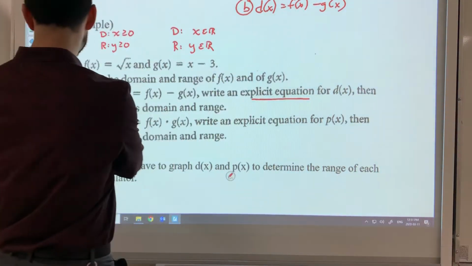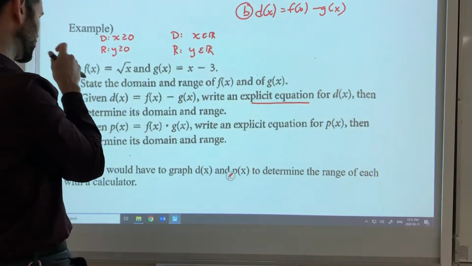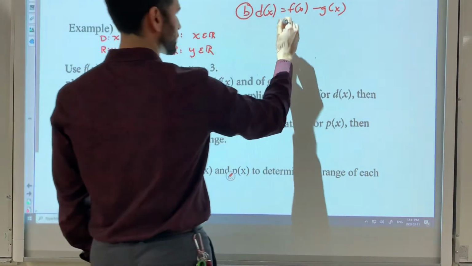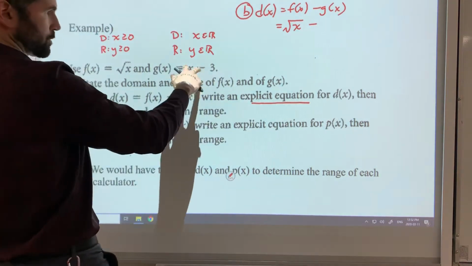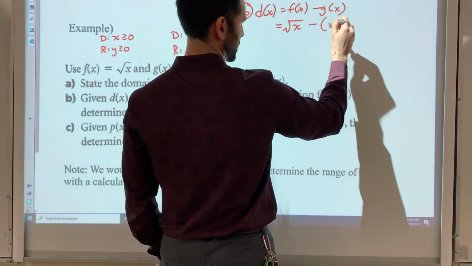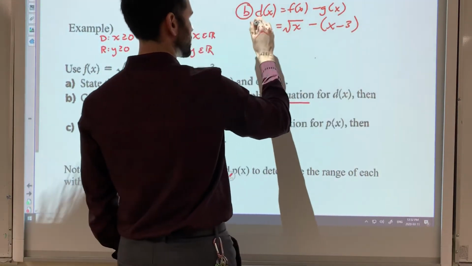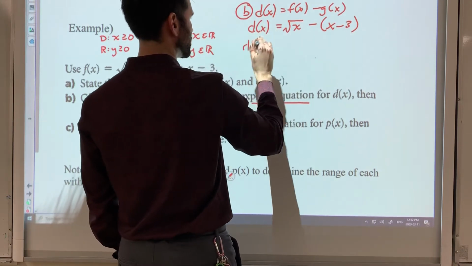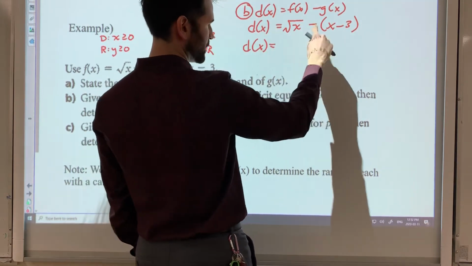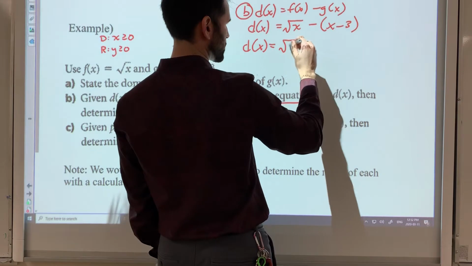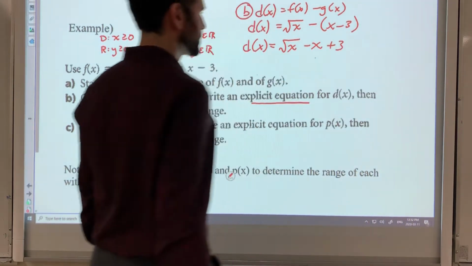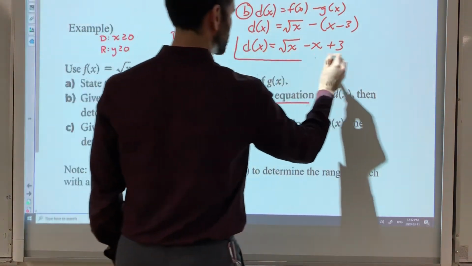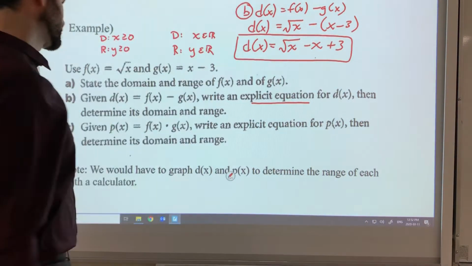You want to be careful and make sure that you have them in the right order. f of x is the square root of x, so I'm going to write square root of x, subtract, and use brackets, x minus 3. Now this is going to be an ugly looking one. If you distribute the negative into the brackets, you get square root of x minus x plus 3. So there's the explicit equation, and you don't have to do anything else.